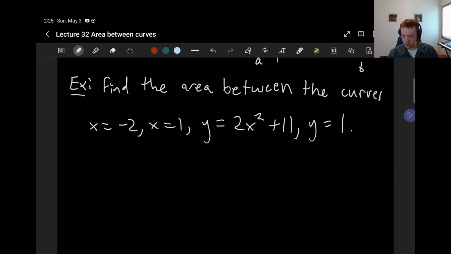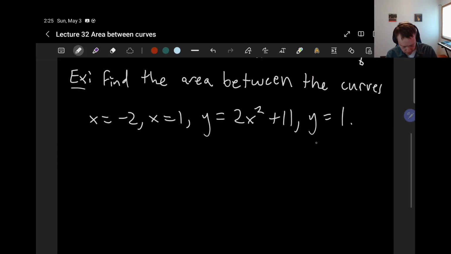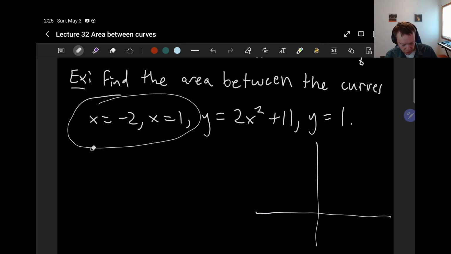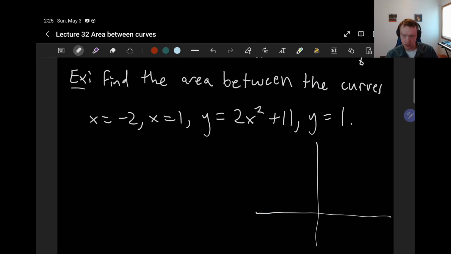Now it would help to get a sense of what's going on here with the picture. First I notice I'm stuck between these two x values. These quote-unquote curves are vertical lines, so -2 and 1.